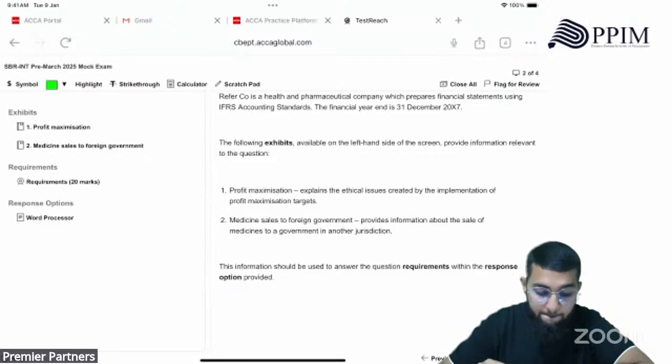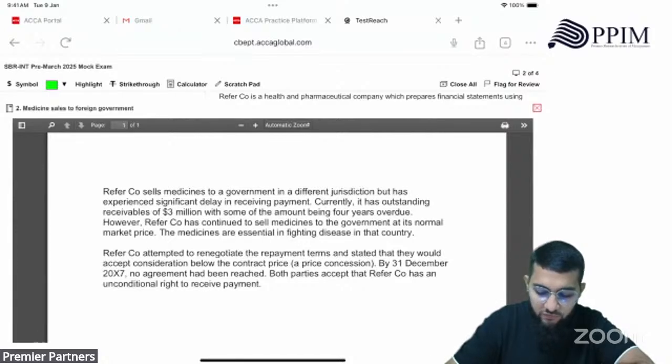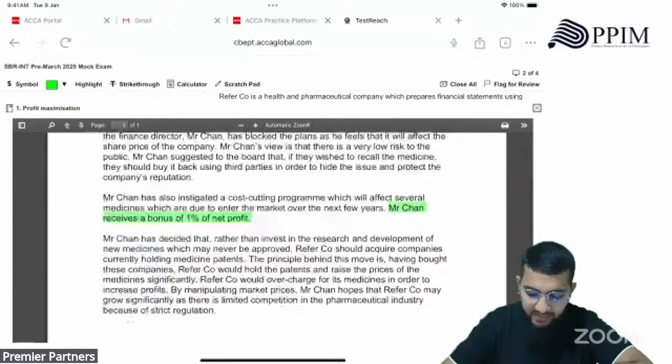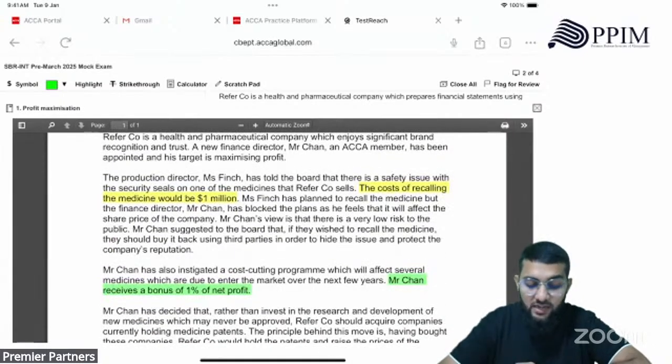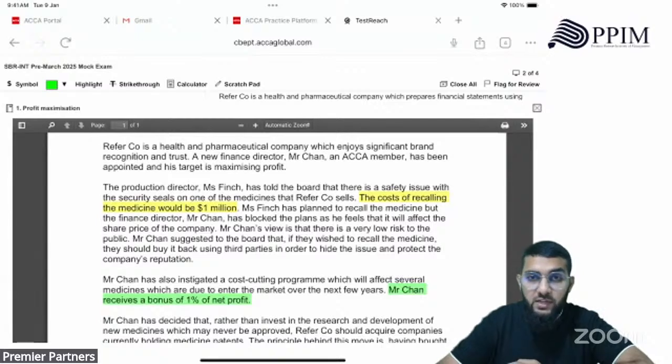All right. So 2 exhibits, make sure you use all the features that are given here properly. See, you go back, you can see the highlights. And once you highlight it properly, you will be able to understand, okay, this is what I am supposed to take into consideration. But remember, when it comes to exam setup, the highlight will not work in this way. Rather, it's going to dim.